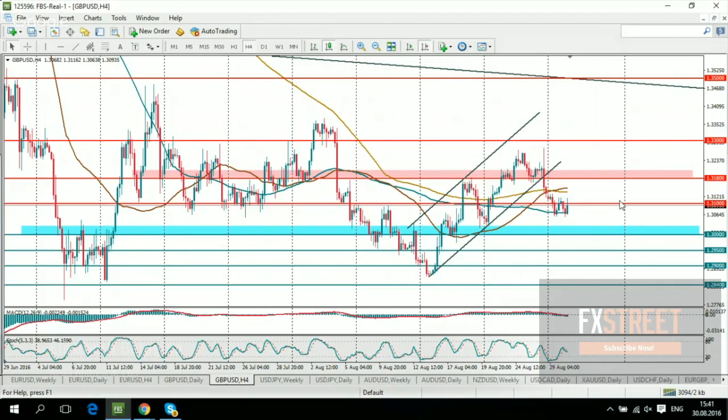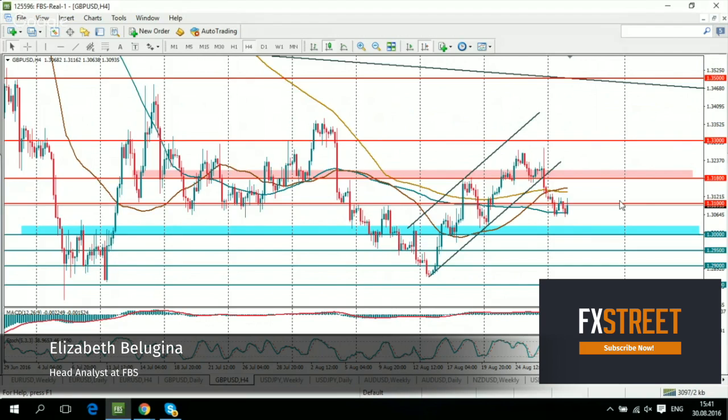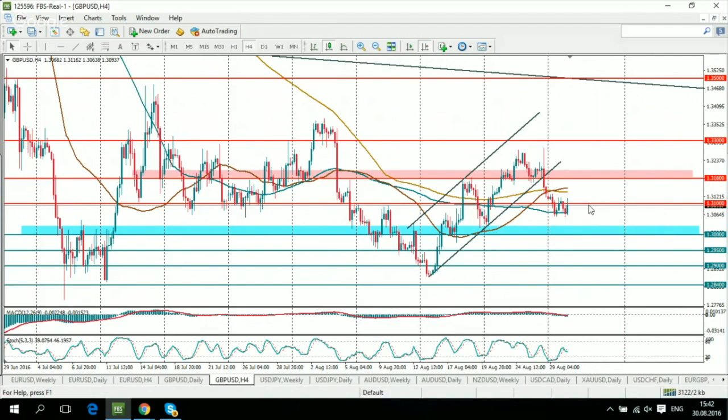So I don't think that this week will be important. Here, all we have is US non-farm payrolls, and regrettably, the volatility may be low ahead of this event in pound dollar. So probably this is not my favorite pair to trade this week.